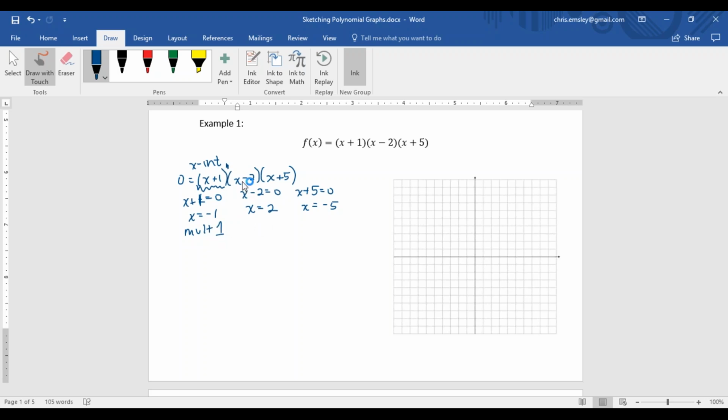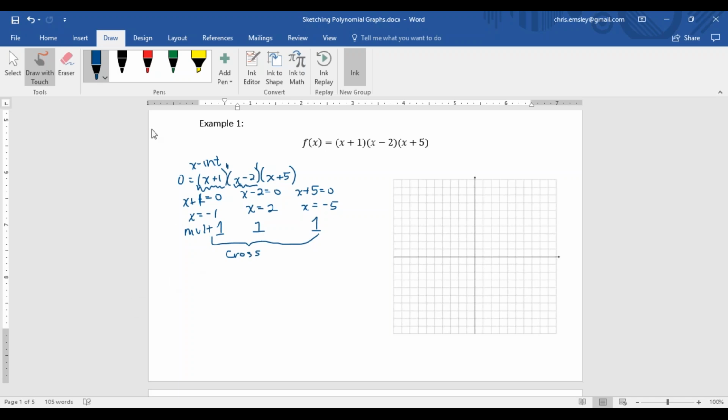This 2 came from x minus 2, and this factor also has an exponent of 1, so this one also has a multiplicity of 1. And the last one, same thing, x plus 5 is just raised to the first power, so this root also has a multiplicity of 1. So an odd multiplicity means that our polynomial function is actually going to cross the x-axis at each one of those points.